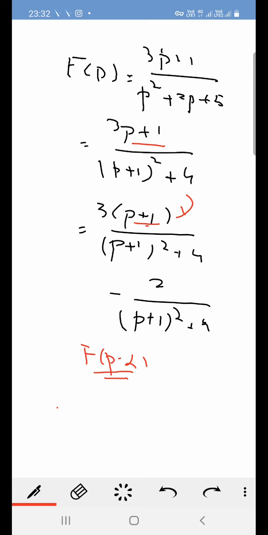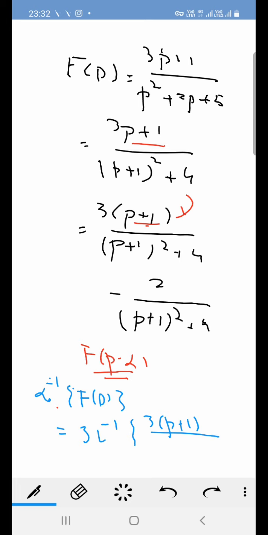So this expression actually satisfies this p minus alpha form. So now in this case, the inverse Laplace transform of F(p) is simply equal to the inverse Laplace transform of (3p plus 1) divided by (p plus 1) whole square plus 4, plus the other expression. Let us write it down in a fresh manner.